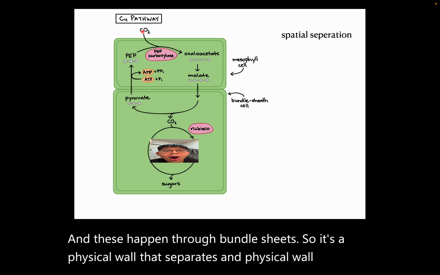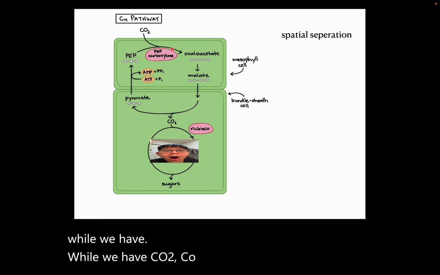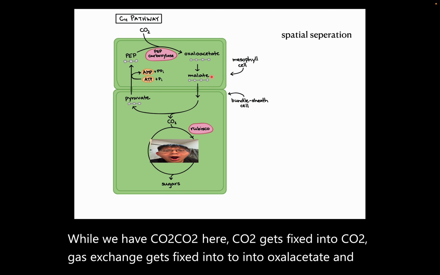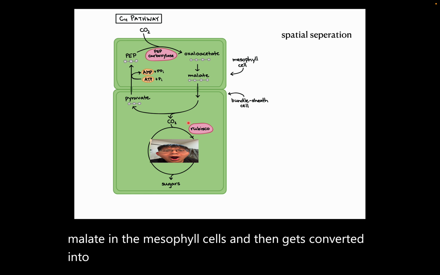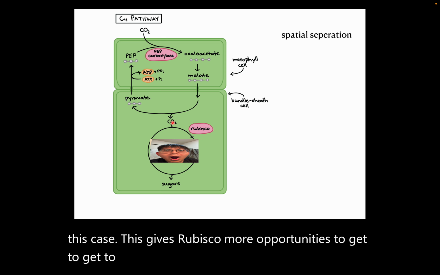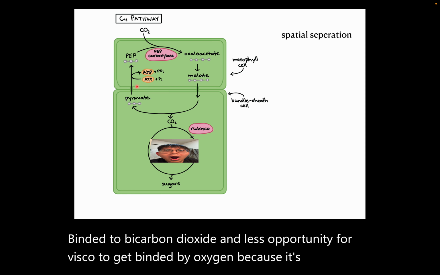While we have CO2 here, CO2 gas exchange gets fixed into oxaloacetate and malate in the mesophyll cells, and then gets converted into carbon dioxide, which can be used by rubisco, and this gives rubisco more opportunities to get bound by carbon dioxide, and less opportunity for rubisco to get bound by oxygen, because it's literally getting blocked off from the outside world, right?